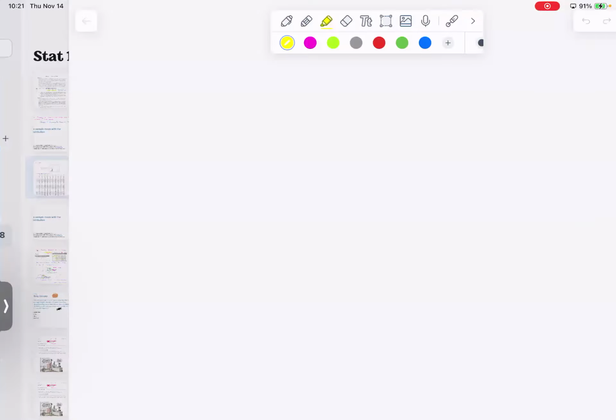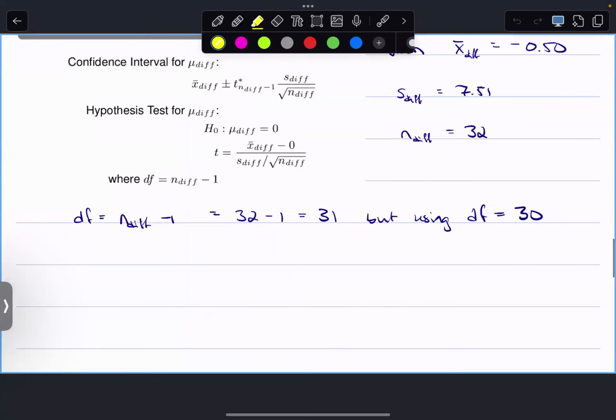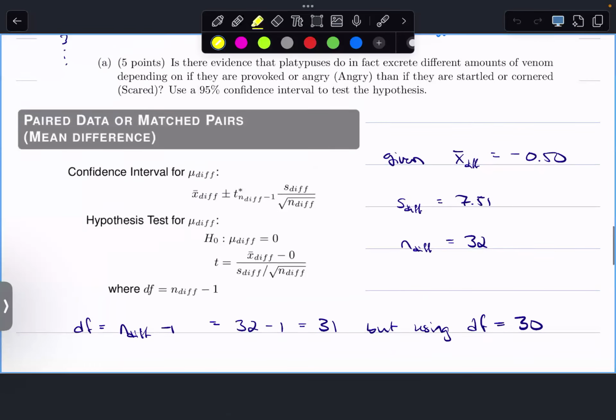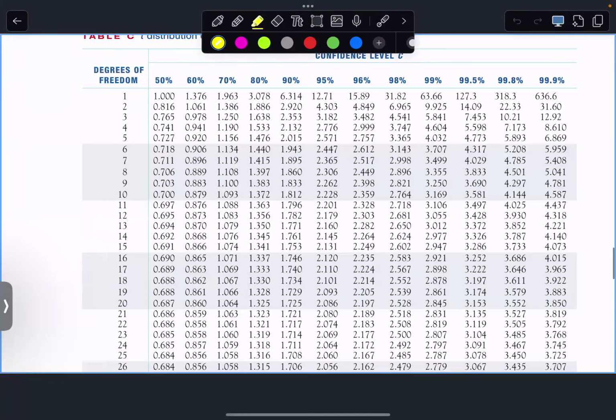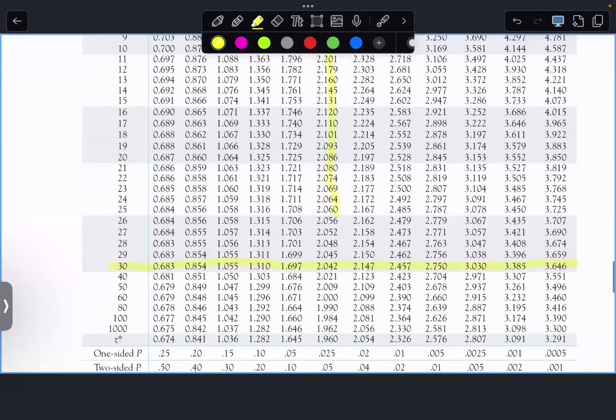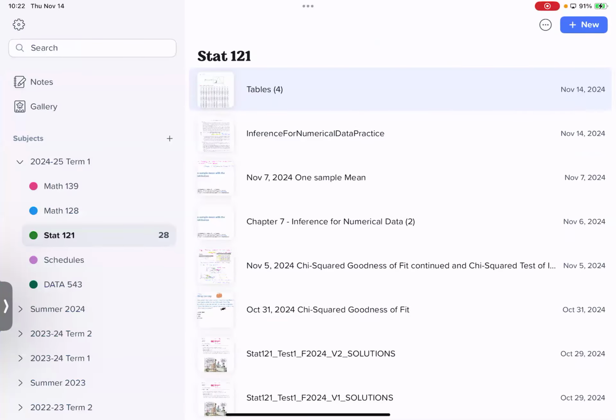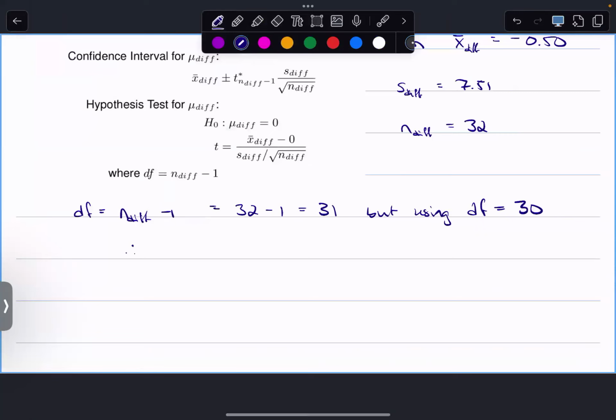We wanted to build a 95% confidence interval, which means t star is 2.042. Roughly 2, but a little bit bigger. Therefore t star is 2.042.